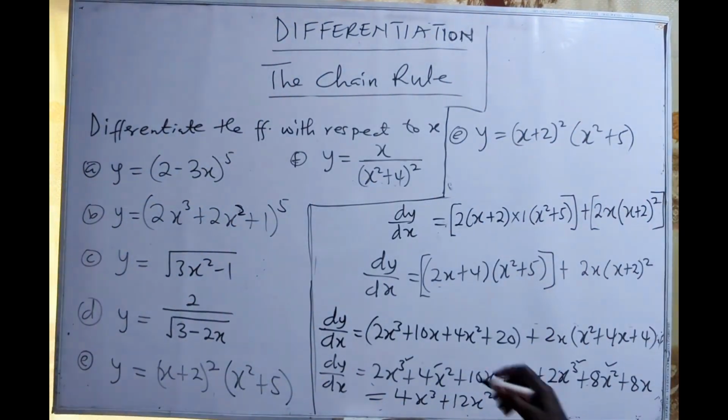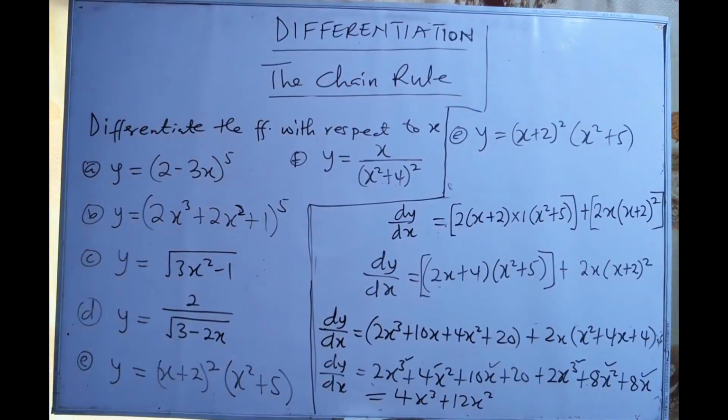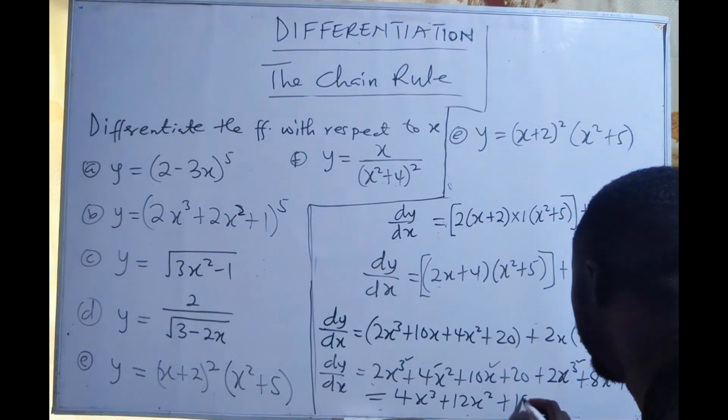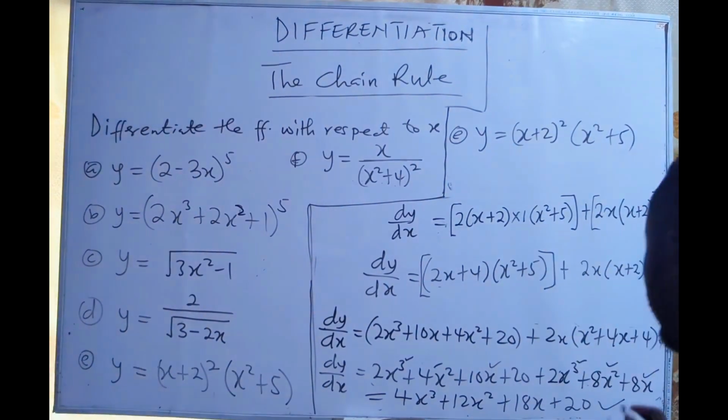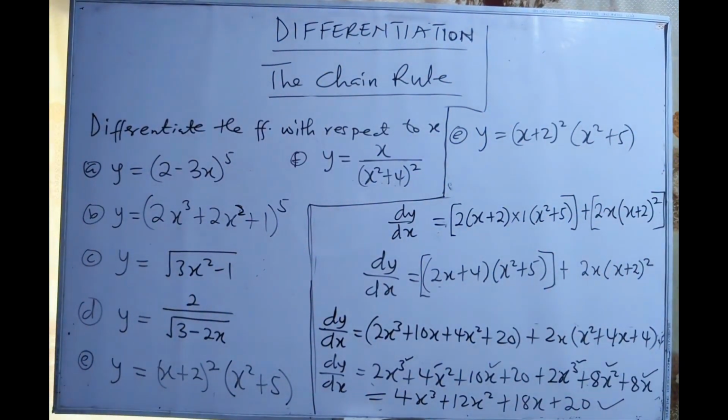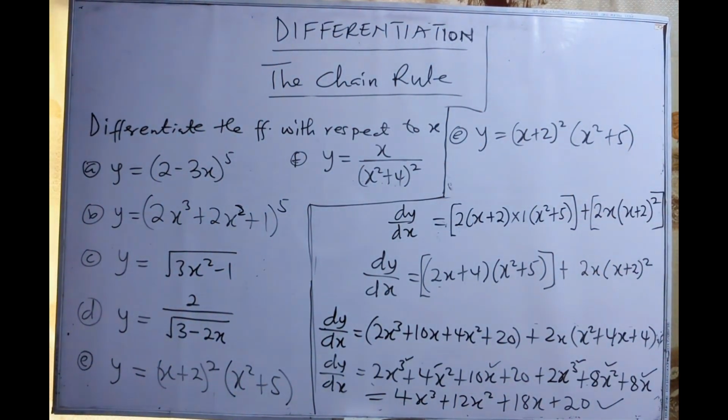Then we have 10x plus 8x, that will give us 18x. Then we have plus 20. So this becomes our final answer: 4s cubed plus 12x squared plus 18s plus 20.